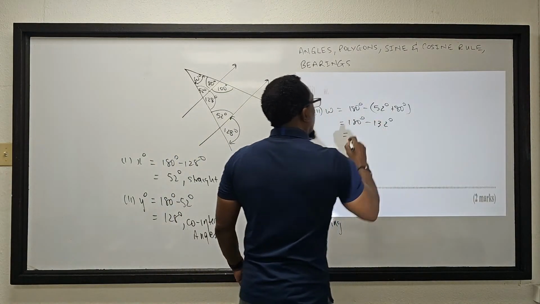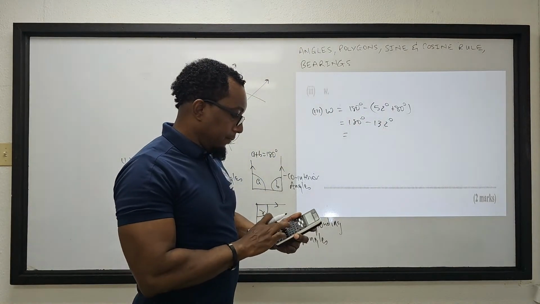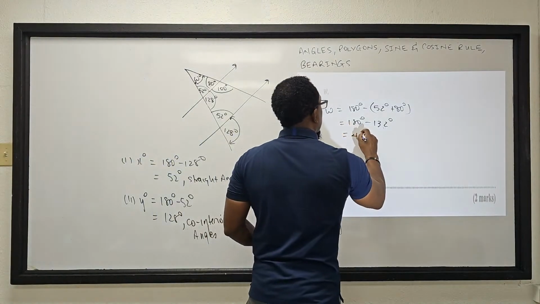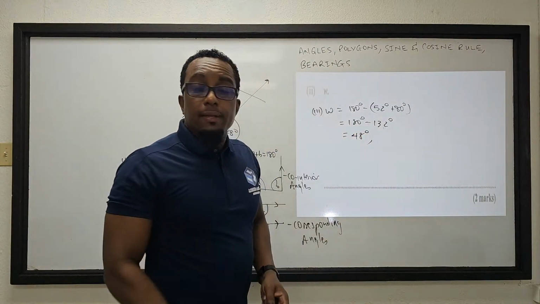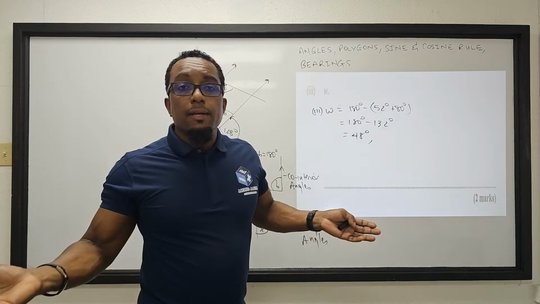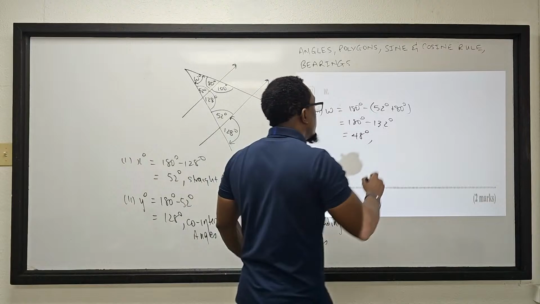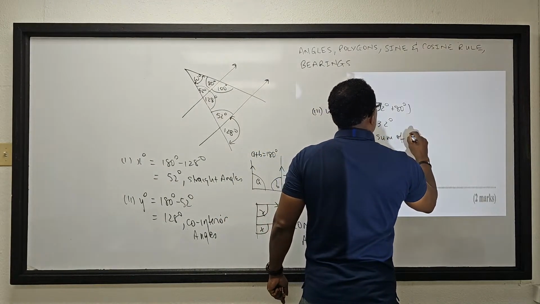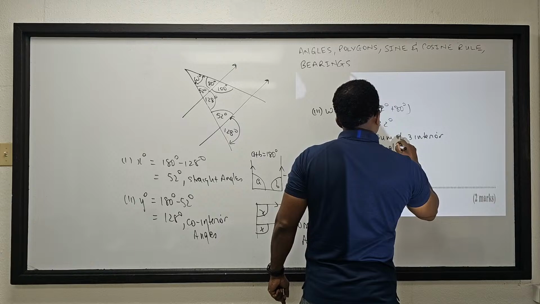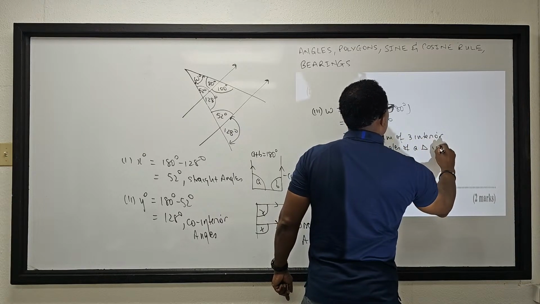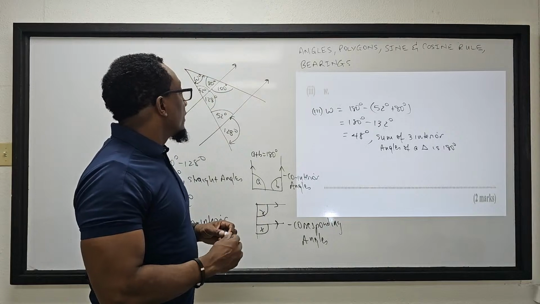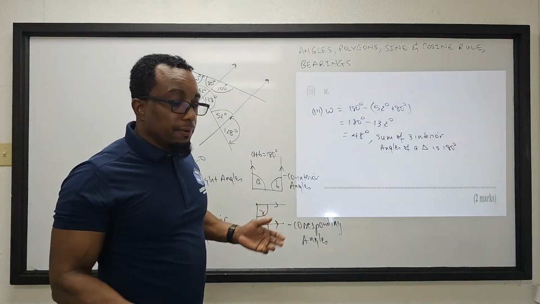And 132 from 180 will give us 48 degrees. And the reason will be the sum of three angles of a triangle. In a triangle, all three interior angles must add to give 180. So the sum of the three interior angles of a triangle is 180 degrees. Alright? So you know that angle W is 48, straightforward.